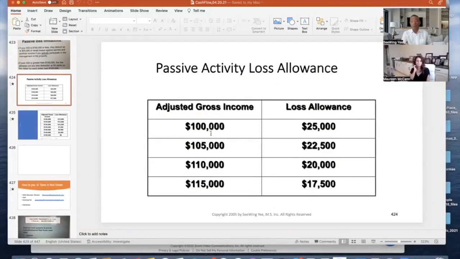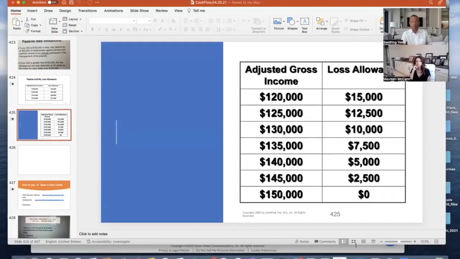Any dollar you make above and beyond $100,000 of AGI, you have a 50% decreasing write-off. So the more you make above 100 grand, systematically it's a dollar to 50 cents allowance. When you reach a level of $150,000 of AGI or more, you cannot deduct any of those passive losses we just talked about.